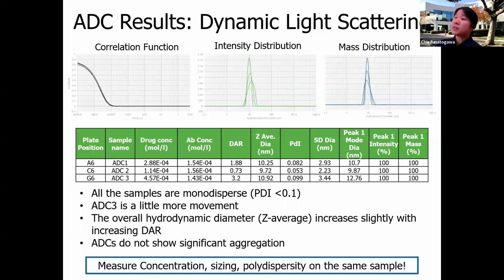Additionally, the polydispersity index is what tells you in DLS how monodispersed and polydispersed your samples are. If it's below 0.1, it tends to be a very monodispersed sample. And it looks pretty good in that sense. Again, the advantage of the Stunner is to be able to provide more than one piece of information at the same time.